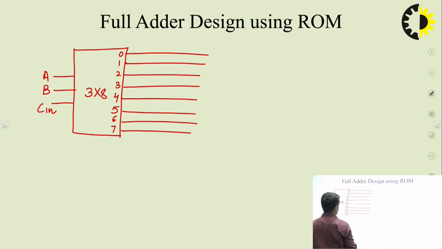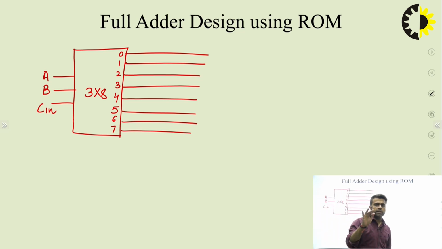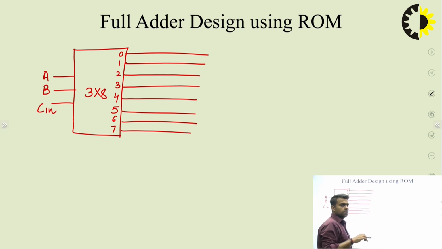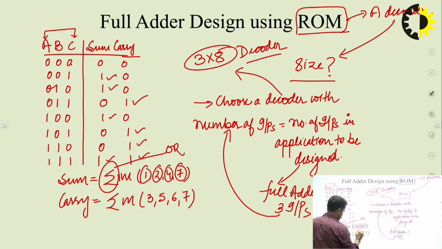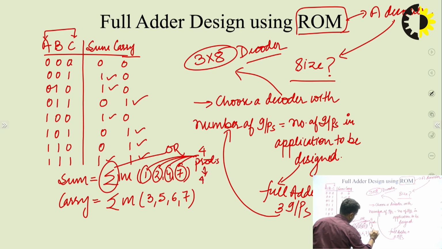Now that the AND part is already taken care of inside the decoder, we just need to use the OR gates to complete the circuit. To produce the sum, that summation is representing an OR gate, and all these 1, 2, 4 and 7 are representing 4 products or 4 AND gates.